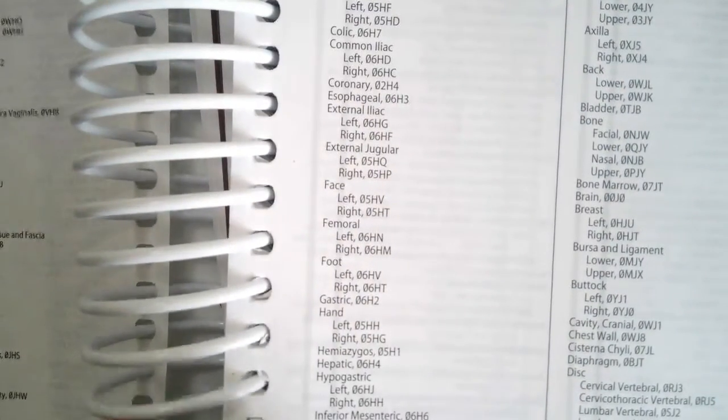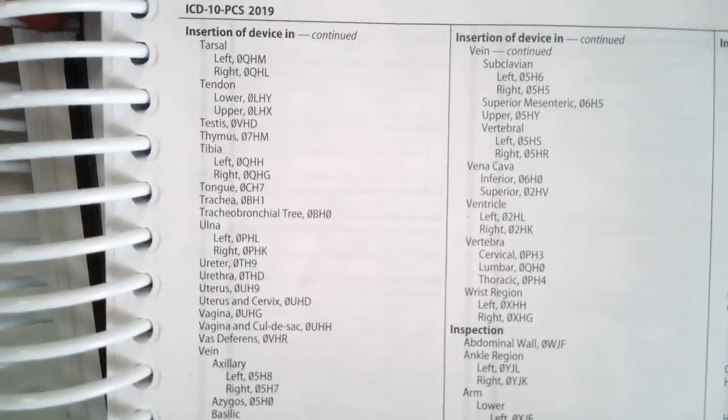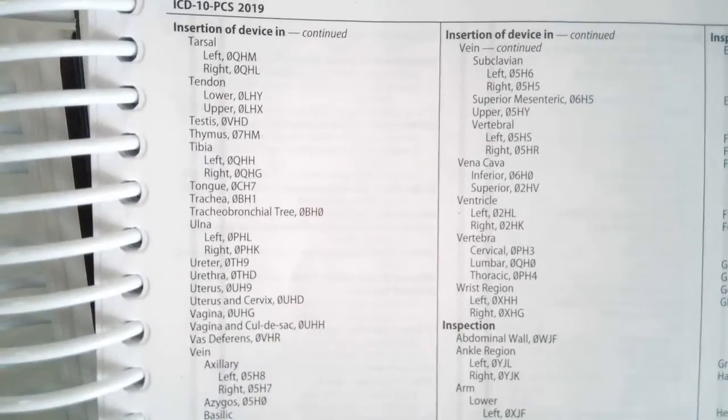And so what I'm going to do is what I know you guys are going to do. So you're going to say, okay, I'm going to go over and I'm going to look for superior. Okay, so that is subcutaneous. And after that, I see the letter T. So how come I can't find superior vena cava?